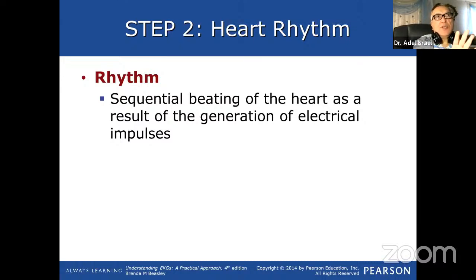So just for the heart rhythm, I need you to say regular or not regular, because sometimes we have to mention that it is regular irregularity or irregular irregularity. So don't panic for the name. I just need you to know regular or irregular. That's it.